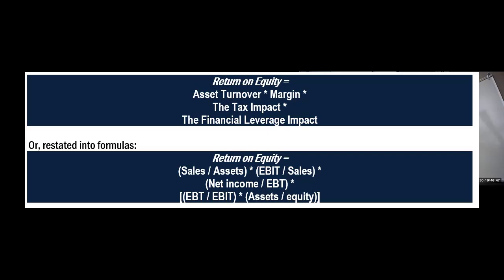Why? Because we can see asset turnover times margin has actually declined over time. It went from 12% down to 11%, but you also notice it's improved dramatically since 2020. I'm not saying COVID saved Walmart. COVID certainly helped Walmart, but I think Walmart's been doing some pretty incredible things outside of COVID that's helping them as well.